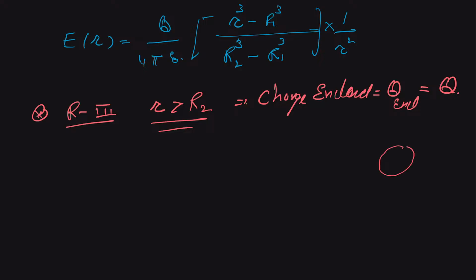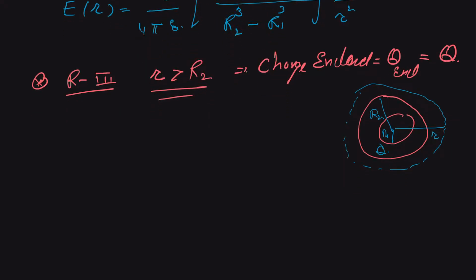This is the inner radius R1, this is our outer radius R2, and the Gaussian surface has radius r. So now the Gaussian surface is enclosing the entire charge, that is our Q. There is no distribution of the charge like in our second case.